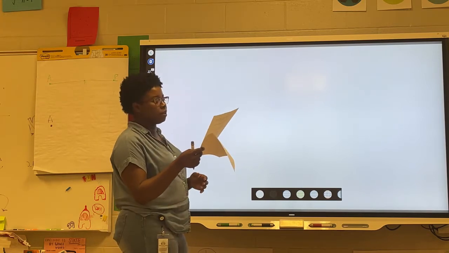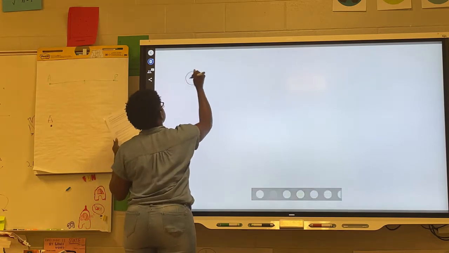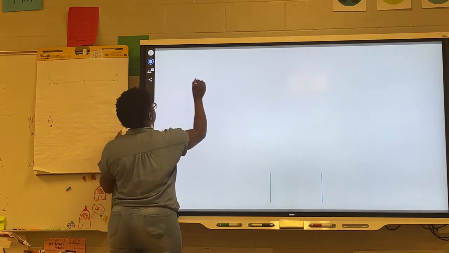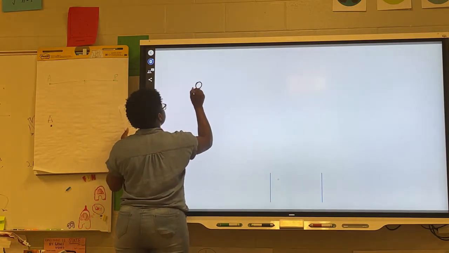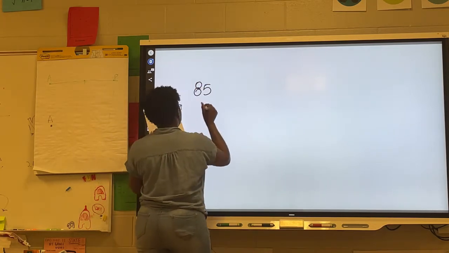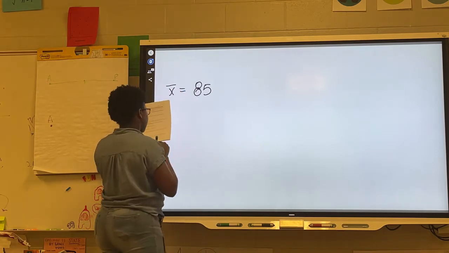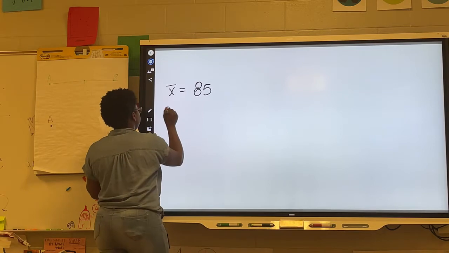Alright, so the question says a woman's height has a mean average of 85 inches. So that's her average height, with a standard deviation of 2.5.